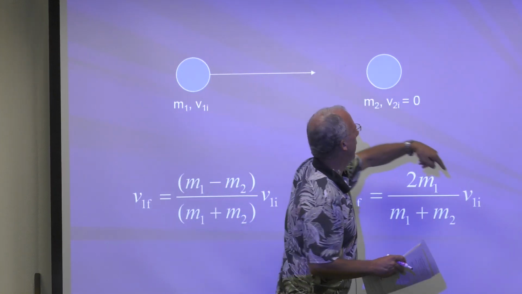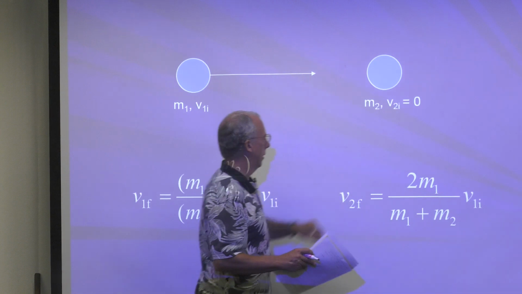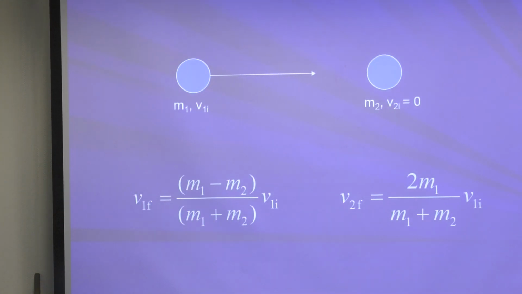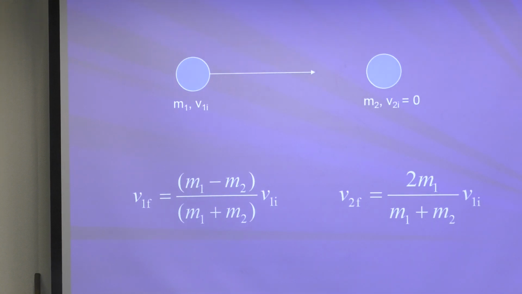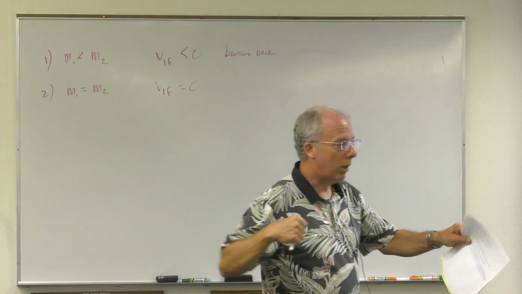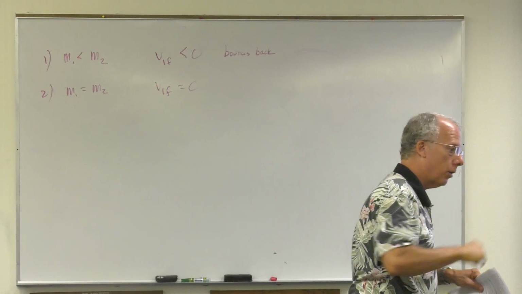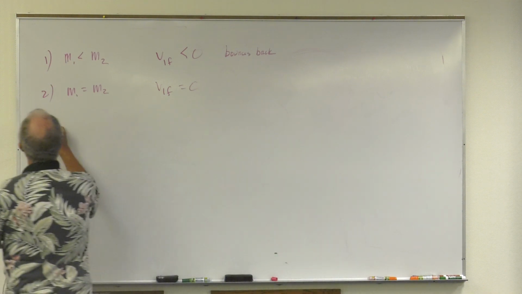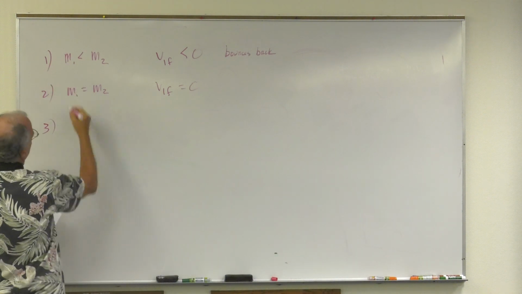This one's going to go flying, but this one's just going to stay put. V1 final is going to equal 0. And you see that when you play pool, right? If you hit it head on, one ball hits the other, the other ball goes flying, and the first ball just sits there.